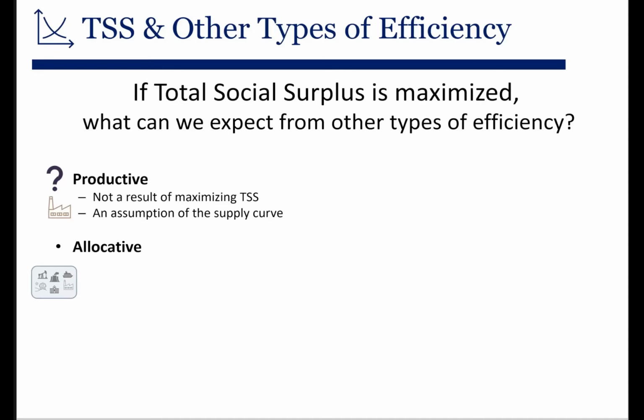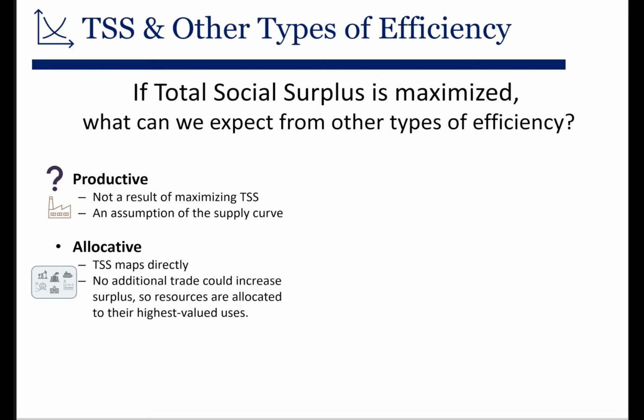Now, when we think about allocative efficiency, moving goods across industries and deciding where our resources go, the total social surplus actually maps pretty well. The idea that an additional trade could increase surplus, we are doing all of these beneficial trades, so we are allocating resources to their highest "valued" uses. Now, valued should be in quotation marks here because this is valued in terms of dollars, not in terms of utility or usefulness or things like that.